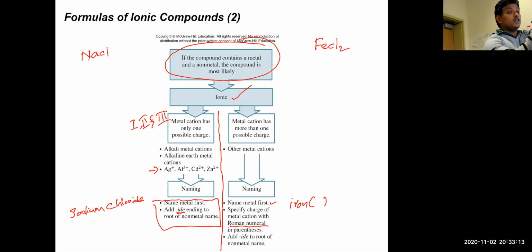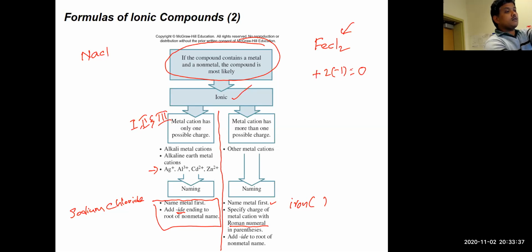The other clue is present in chlorine. Chlorine has a fixed charge of -1. And how many chlorines do we have? 2 of them. And what did we learn about the overall charge of any ionic compound? 0.